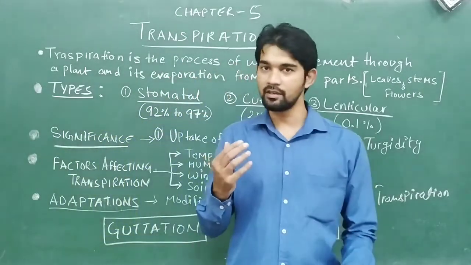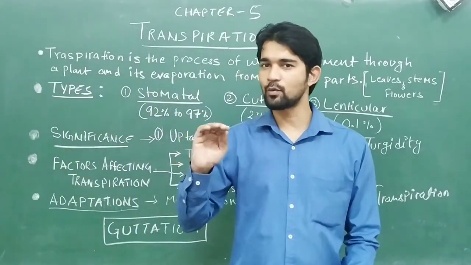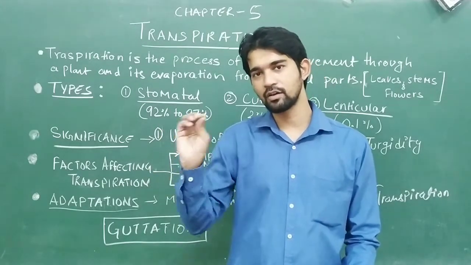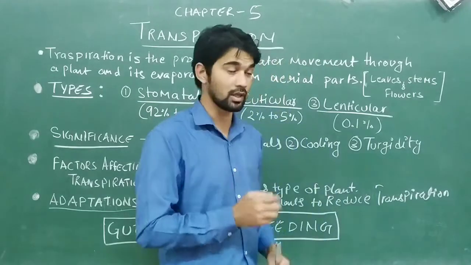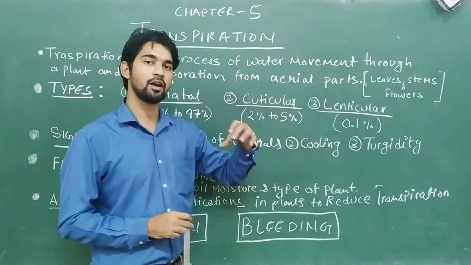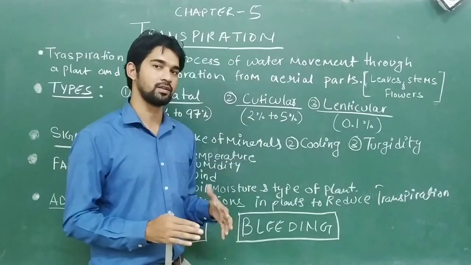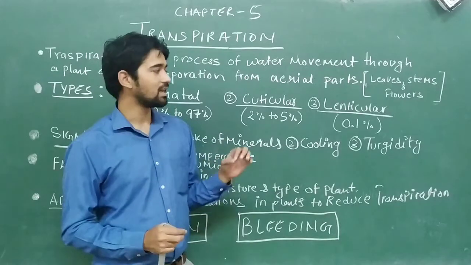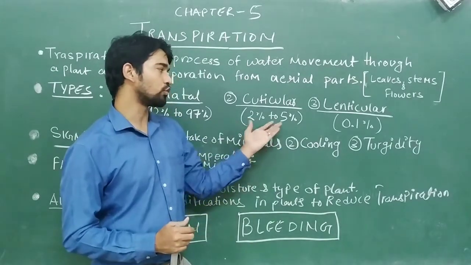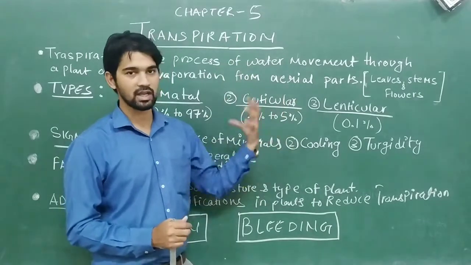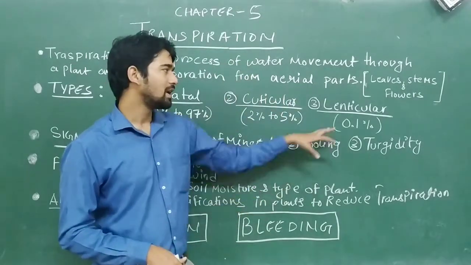When you see a leaf, there is a waxy coating over it, and that coating is known as cuticle. It is there to stop the loss of water from happening. But still, it loses about 2 to 5% of the total transpiration taking place in a plant.